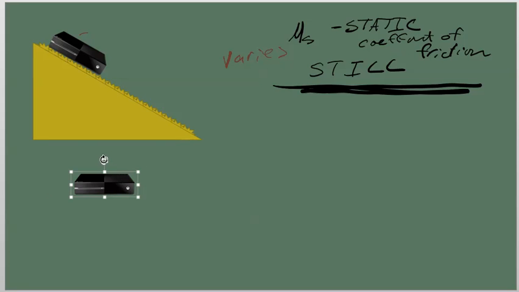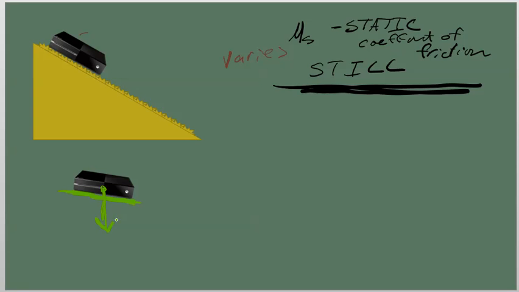So when you start to tilt this, gradually increasing your incline, friction is holding the Xbox to the surface, right? So right now you've got a little bit of a force of friction acting on this. Think about going down a steep slide versus a not so steep slide.